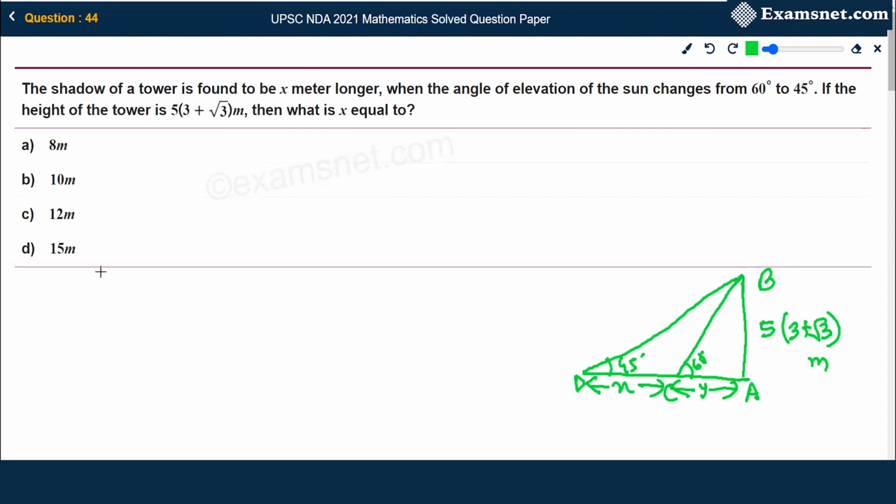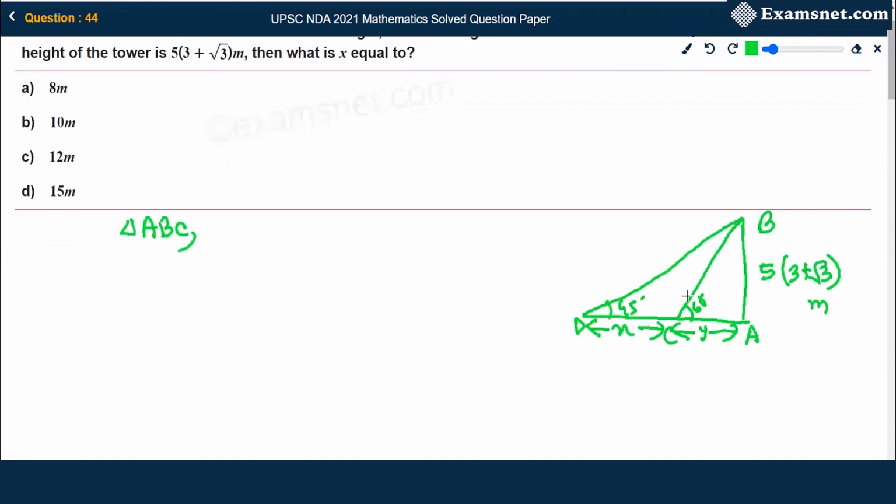So first, in order to solve this, we will consider the triangle ABC. In ABC, we can write AB by AC equals tan 60 degrees. Let's put all those values.